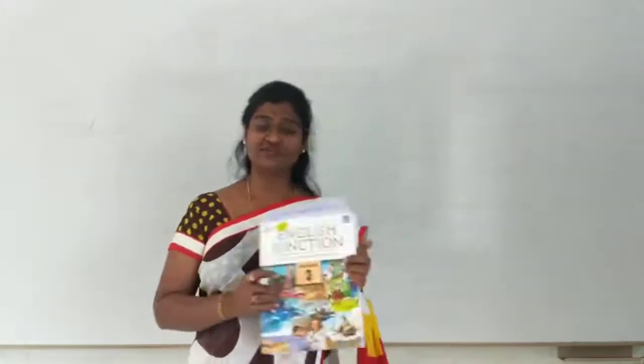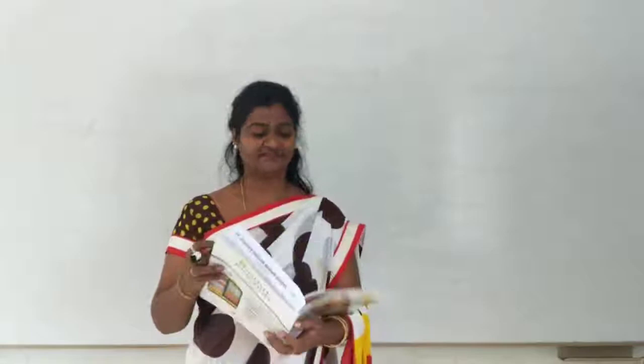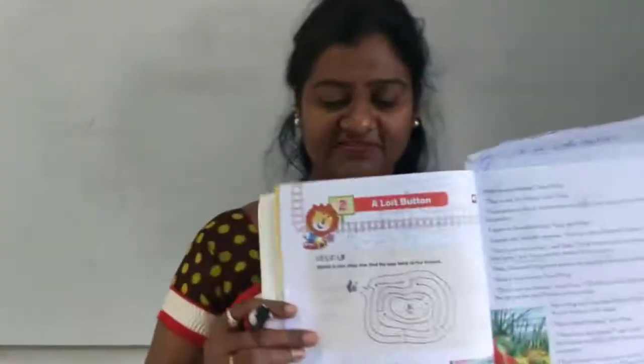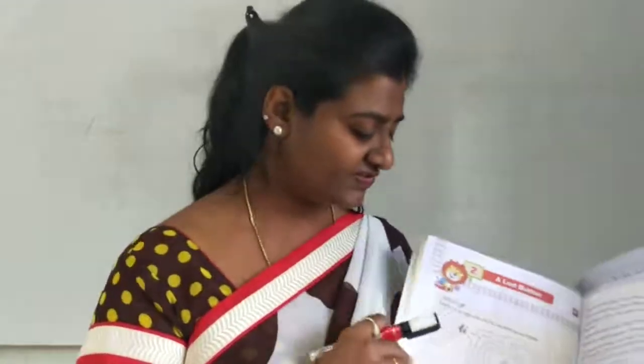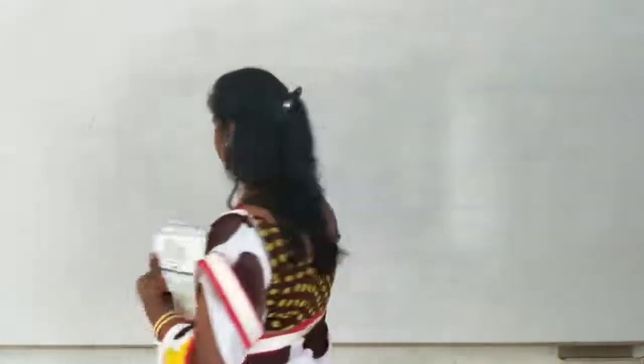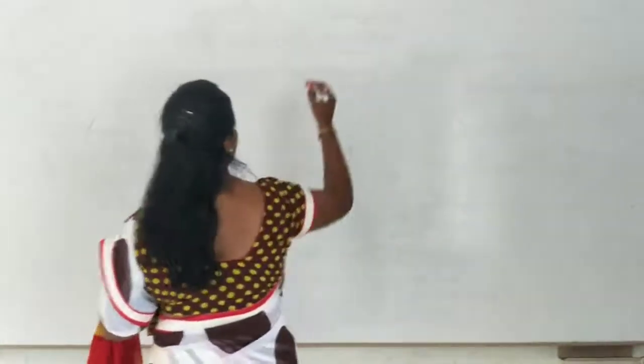So today we would be learning a lesson which is called A Lost Button. What is it, children? A Lost Button. All of you turn your textbooks to page number 10. That's the second lesson. This is class 3.